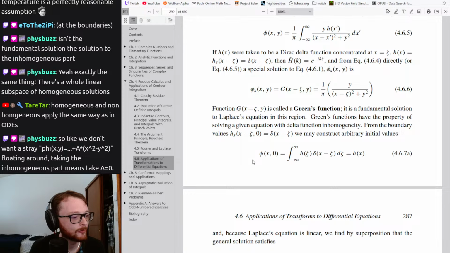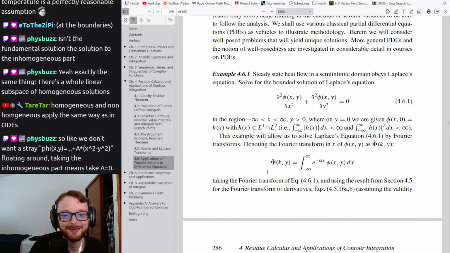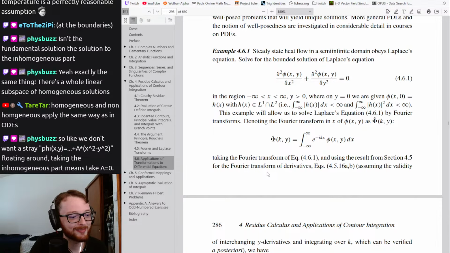Taylor is saying it's also the same? Okay. We don't want to stray b of xy equals something plus ax squared minus y squared floating around. Oh, wait. Oh. What? But a homogeneous equation equals 0. Isn't that taking the homogeneous part? Or that's like taking the inhomogeneous part out.